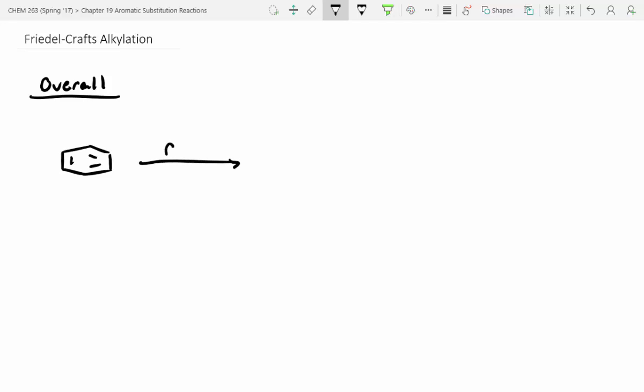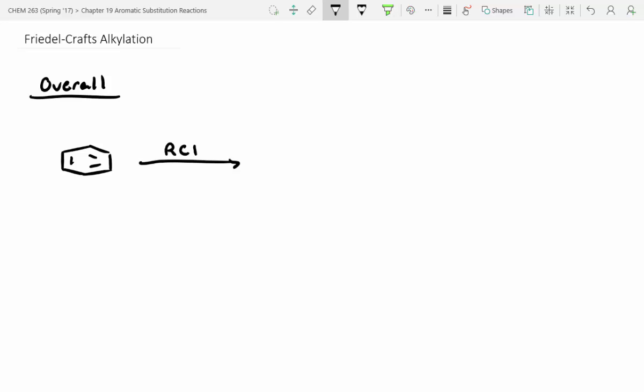Friedel-Crafts alkylation is our next one. So let's take a look at a Friedel-Crafts reaction. I'm just going to abbreviate this as RCl. What do you think the R is? It's an alkyl group, right?